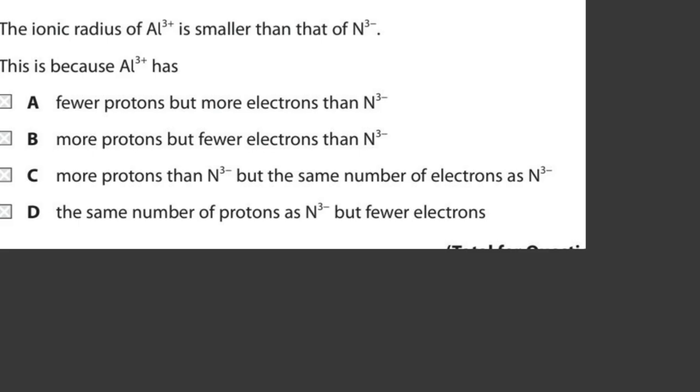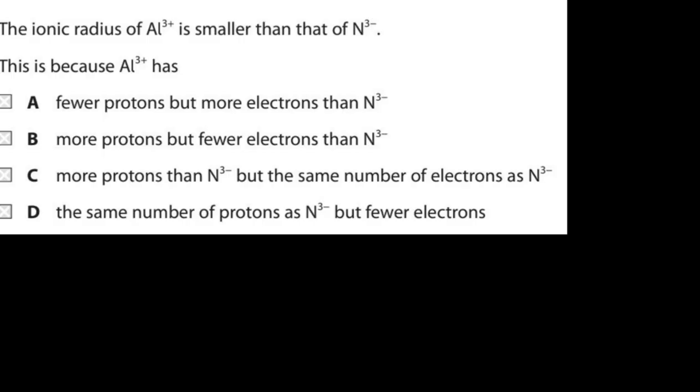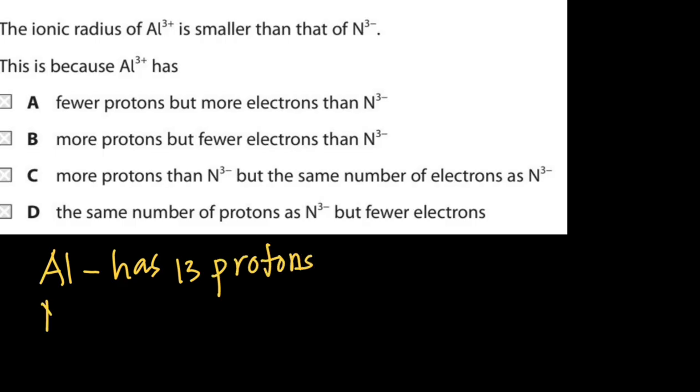The ionic radius of aluminum is smaller than that of nitride ion. This is because aluminum ion has... let's dissect this one by one. Aluminum has 13 protons, and nitrogen from the nitride ion has 7 protons.